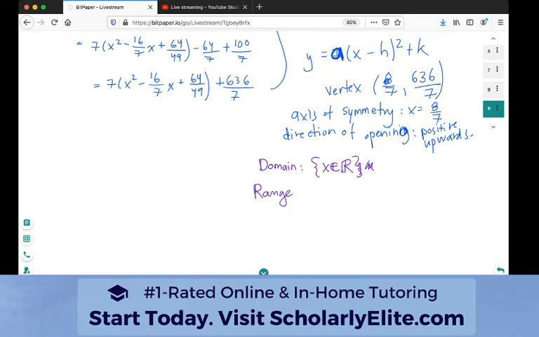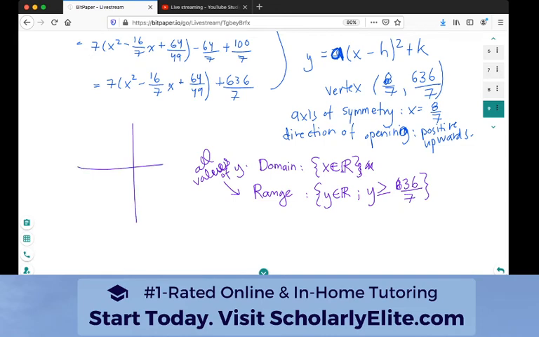Your range is all values of y, which in this case, you still start writing like this, but you say y is greater than or equal to 636 over 7. The reason for that is because that's where your vertex is.